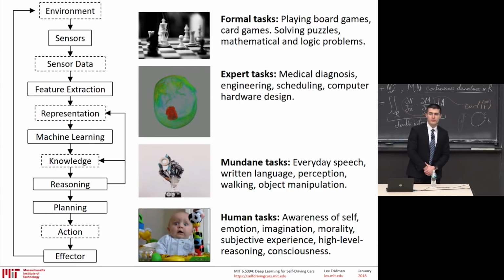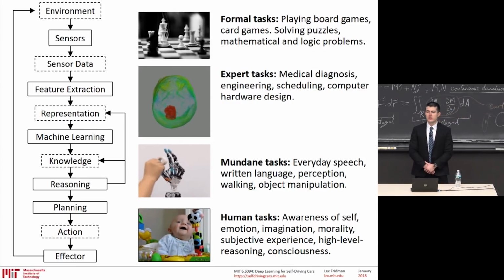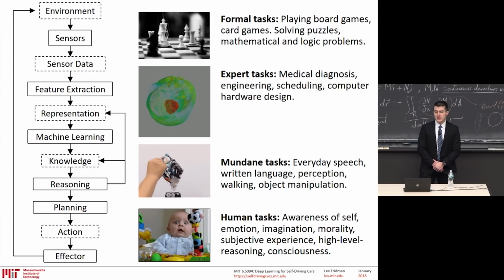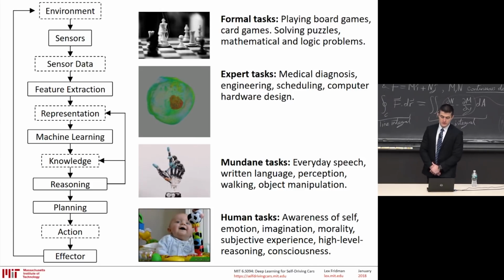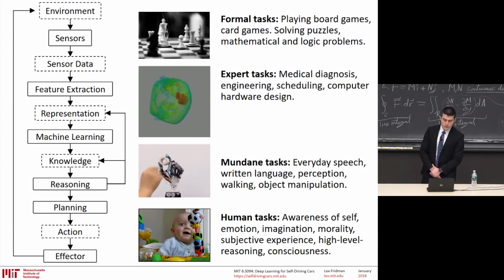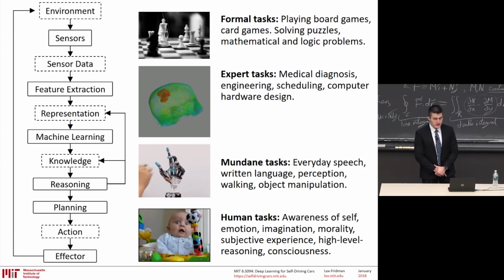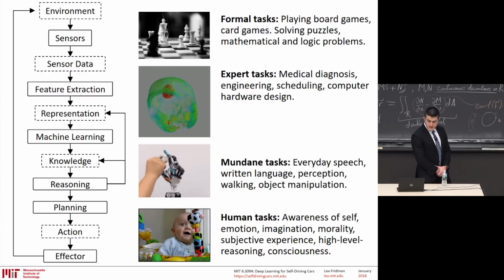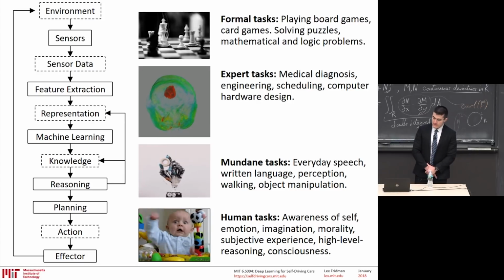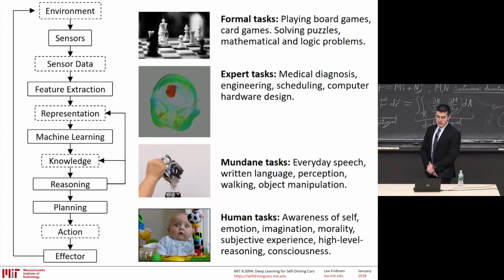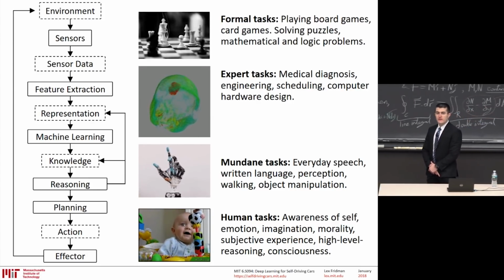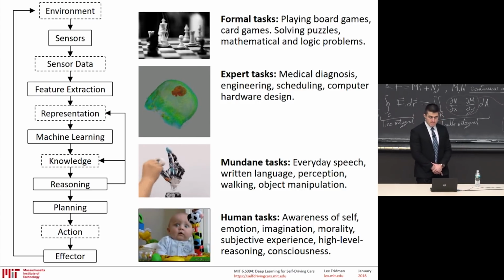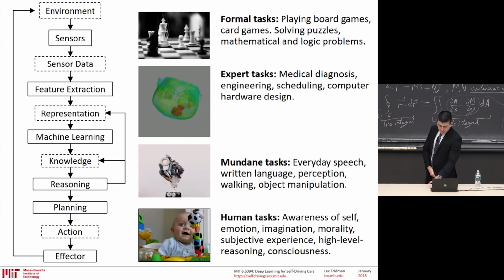We look at simple, formalized worlds. While it's still impressive, beautiful, and unprecedented accomplishments, it's nevertheless formal tasks. Can we then move beyond games and into expert tasks of medical diagnosis, of design, and into natural language, and finally the human-level tasks of emotion, imagination, consciousness?